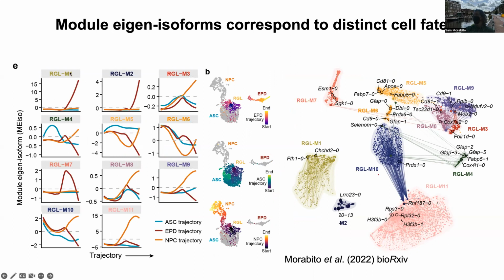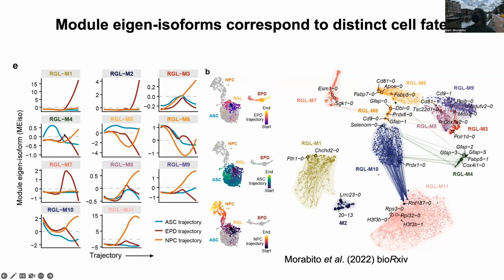On the plot on the left, we can see that some of these networks are exclusive to different cell fates. The red line is the ependymal trajectory, the blue is the astrocyte, and the orange is the NPC. These 2 modules up here are expressed in the transition from radial glia to ependymal cells.